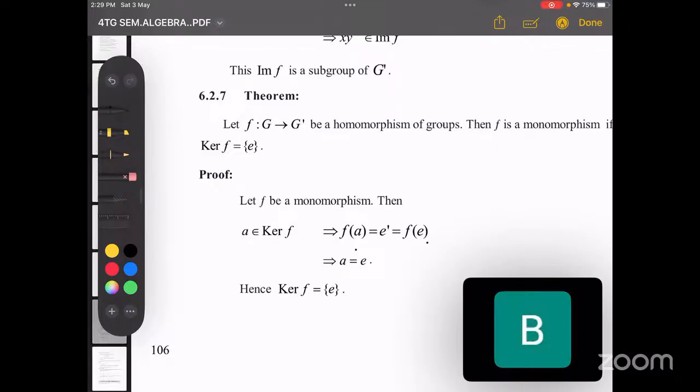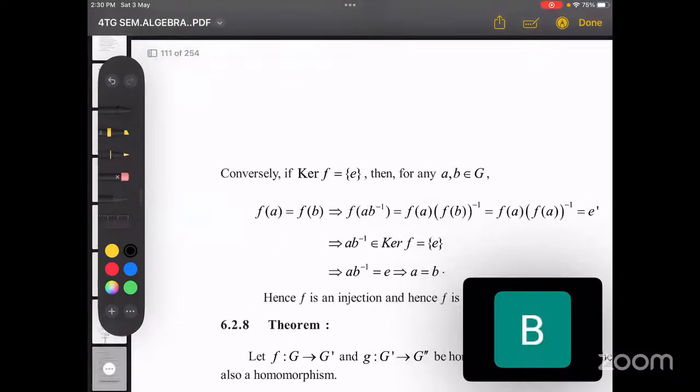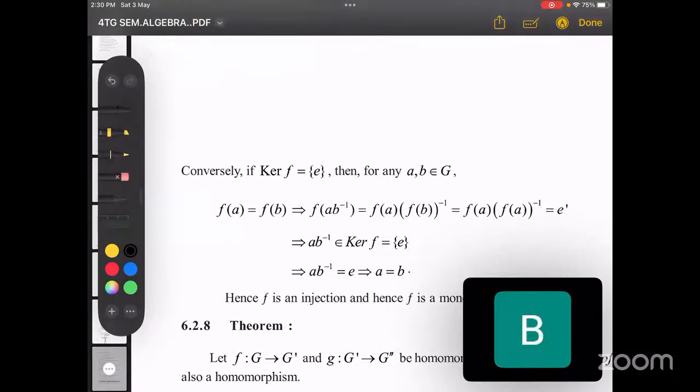We are showing that curl F equals to E. Monomorphism means one-to-one function, so by the one-to-one function we are showing that curl F is equal to E. Next, by taking curl F equals to E, you have to show that F is a monomorphism. Converse means what? First part to second part and second part to first part.